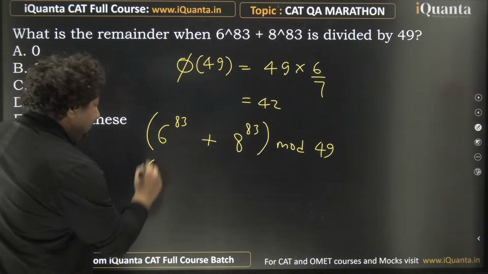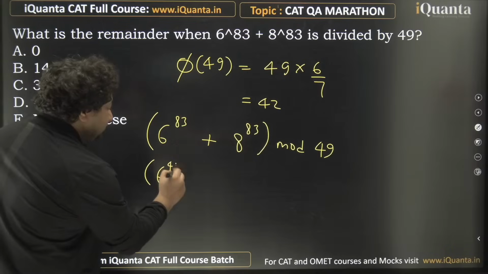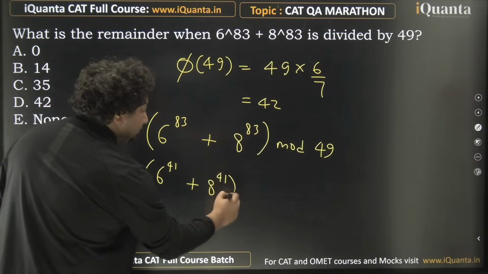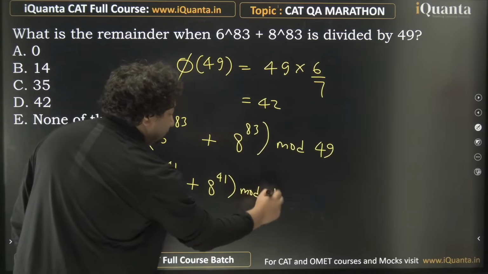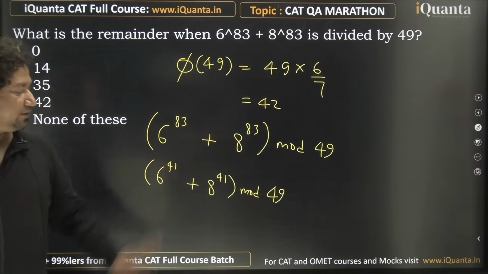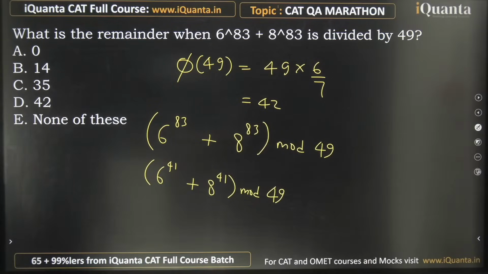I can reduce it to 6 to the power 41 because 42 तक 1 हो जाएगा, and 8 to the power 41 mod 49. अगर ये 42 होता तो यहाँ हमारा काम आसान हो जाता, बट ऐसा है नहीं. जितने भी लोगों ने जीरो कर दिया उन सब गलत हो चुका है. Now I think all of you understand that. I'm really surprised that why did everyone mark zero. It was Nasargi who was the first one to mark the correct answer.